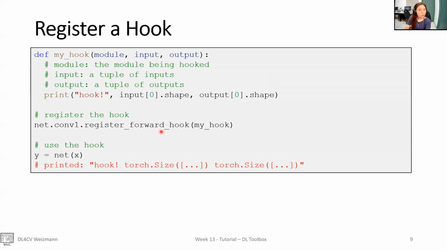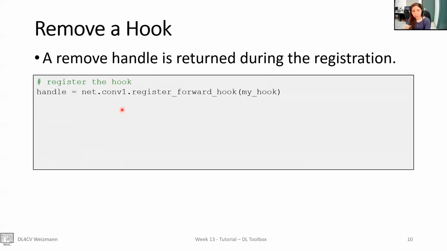Awesome. So we've seen a way to register a hook, and similarly, we might also need to remove hooks. So over here, we again register our method as a hook to this layer, and the output of the register forward hook method is a handler.